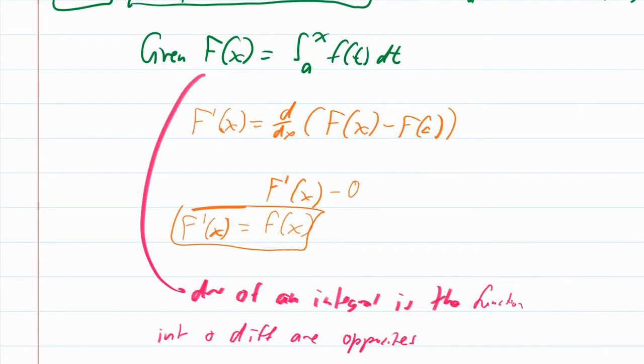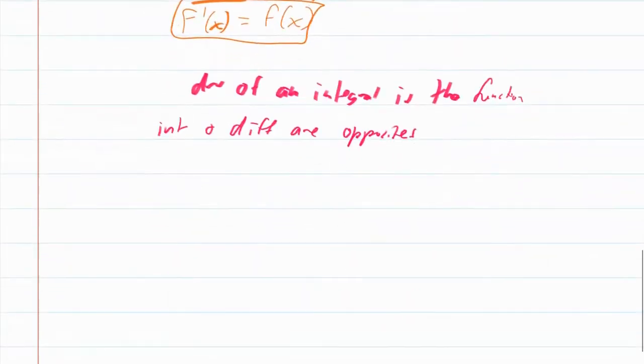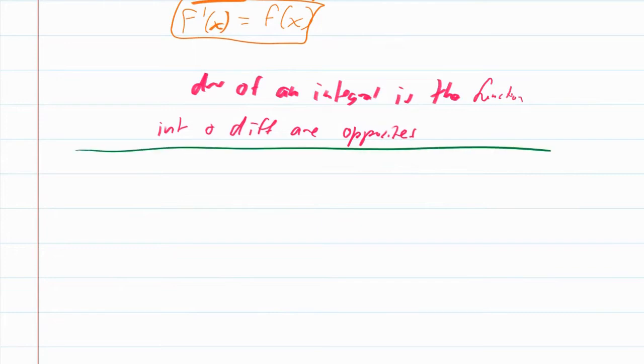All that I really want you to get at is that you have this function, this big F of x that's an integral, and its derivative is this little f of x inside. In a way, what we are kind of getting at is that you have this sequence here where we have a function, then you have f prime of x, then you have f double prime of x.